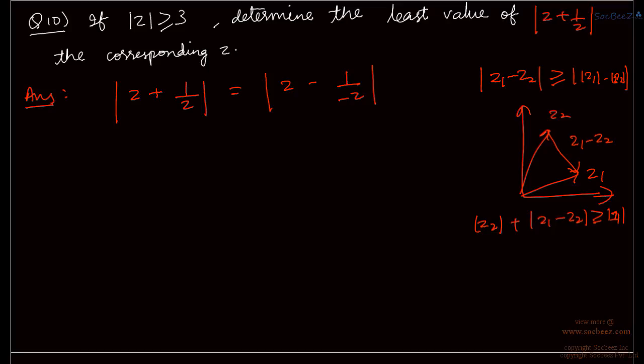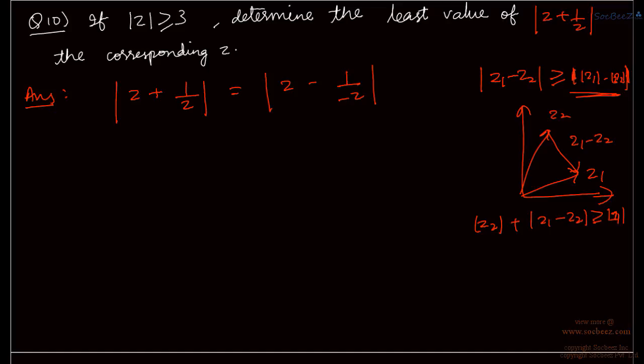Hence, taking it to the other side, we get this. Now we should take a modulus again on the right hand side, because mod of z1 minus mod of z2 could be negative, right? So to take that possibility out, we should take a mod.